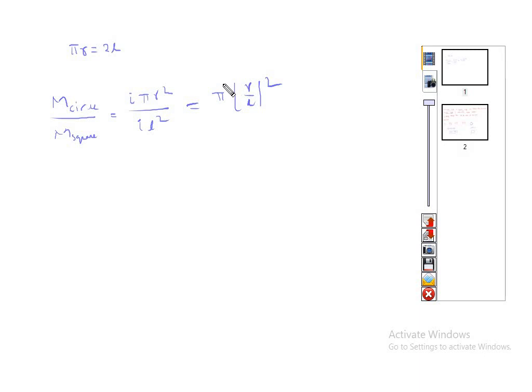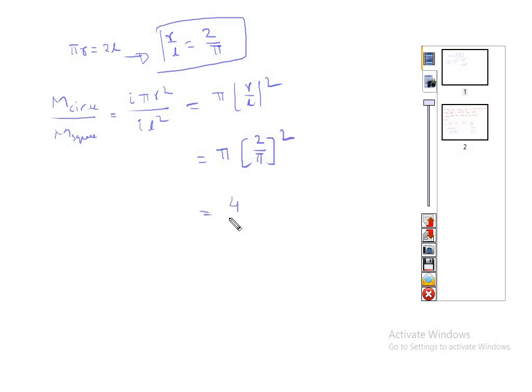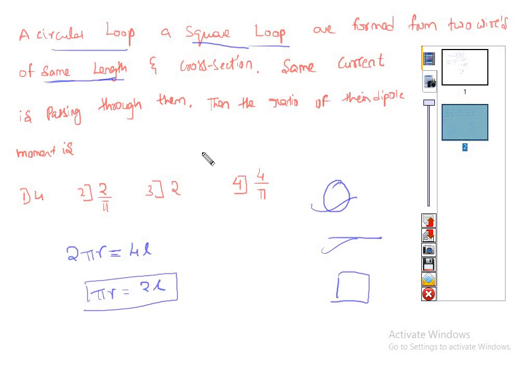From the first condition, r by L is equal to 2 by pi. Substituting, we get pi into 2 by pi whole square, which gives 4 by pi. So 4 by pi is the final answer.